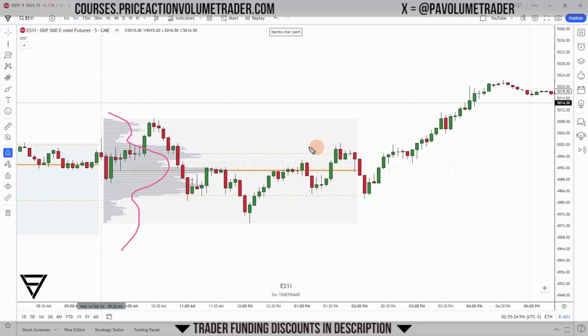Obviously, I'm also looking at higher time frames like the 1 hour, daily, etc. But you can see how by waiting for the daily session profile to develop, we're going to have a lot more clues and opportunities to operate within that close of the session.